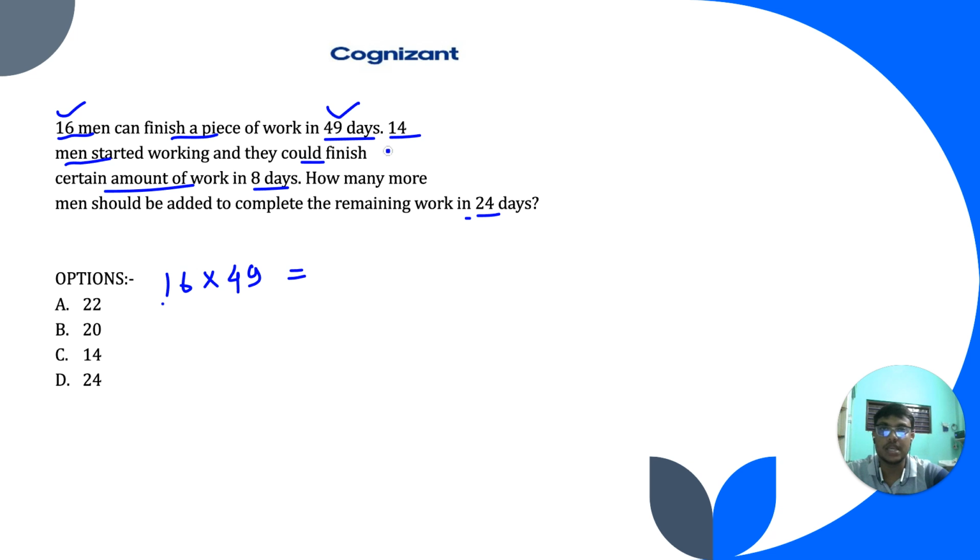Now that would be equal to, they say 14 men started working and they could finish certain amount of work in 8 days. So 14 men would be working for 8 days to complete this much of work, and the remaining work would be done by 14 plus some X amount of extra men into 24 days, because they have said that the total number of extra days that would be required is 24.